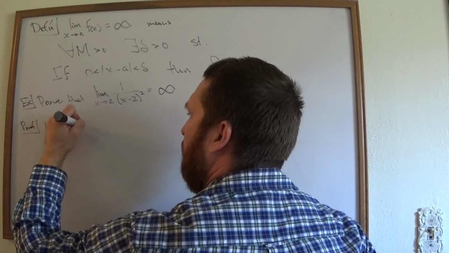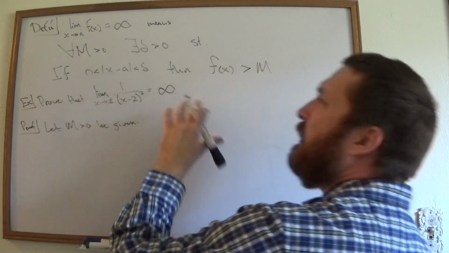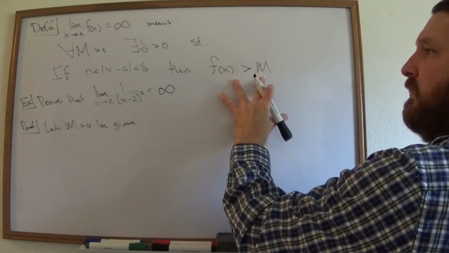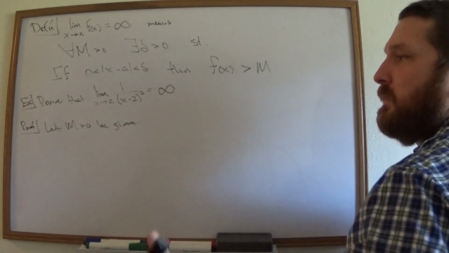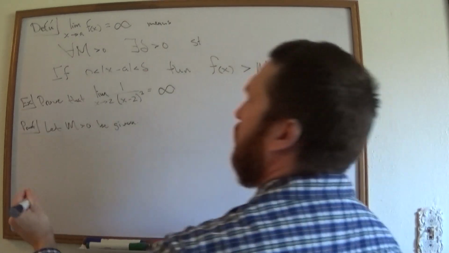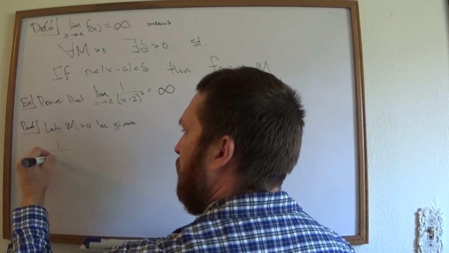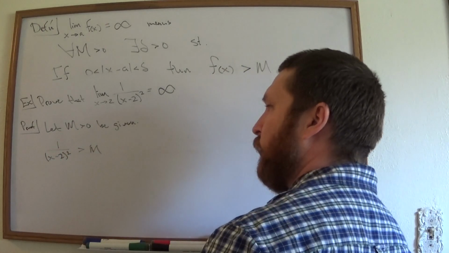Let your big old number m be given. Now I'm going to monkey around with this until I can find a delta. This is how you would do one of these. You would say, f of x bigger than m, can I get that? Well, f of x is 1 over (x minus 2) squared. Can I show that that's bigger than m?